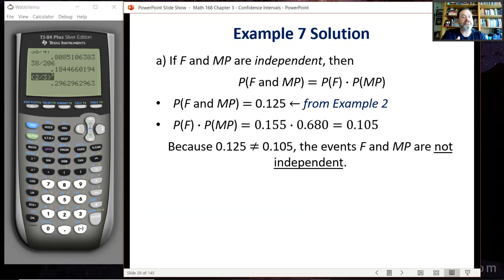If you know someone's a music performer, it changes the probability that if someone is selected at random, they are female. So this is sort of an independence test, and this data failed the independence test, which means it is not independent. These numbers would have to be very, very close together to be considered independent.